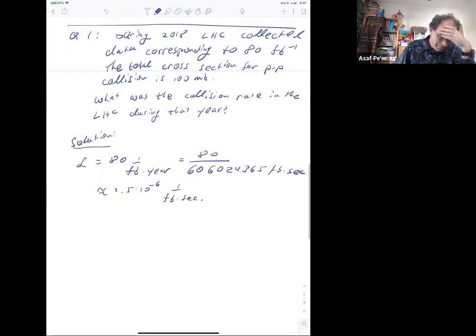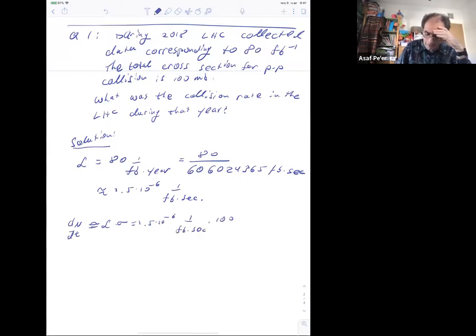Now, you just have to multiply by sigma, and so the N over t is just L times sigma, which is 2.5 times 10 to the minus 6, 1 over femtobarn per second, times 100 millibarn, times 10 to the 12 femtobarn per millibarn. Hope I didn't mix anything.